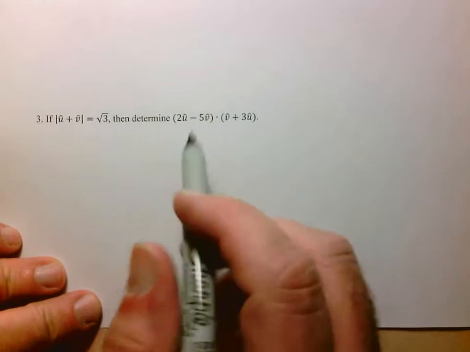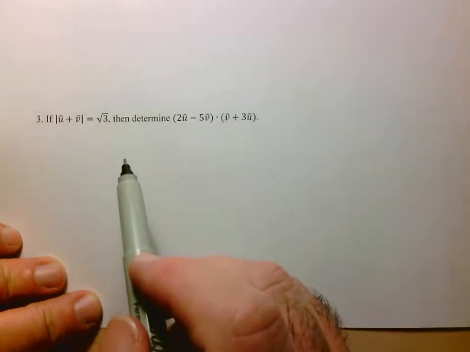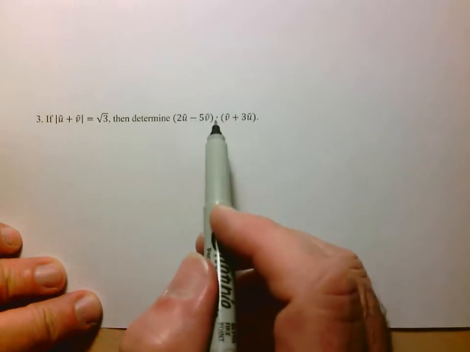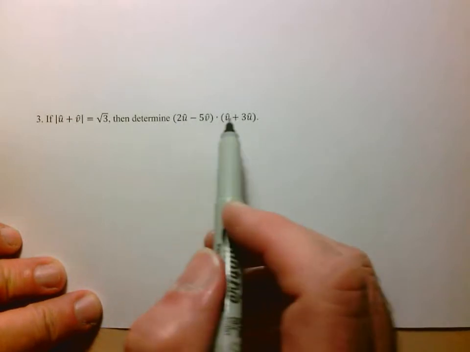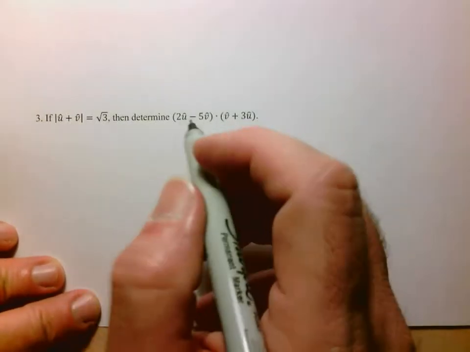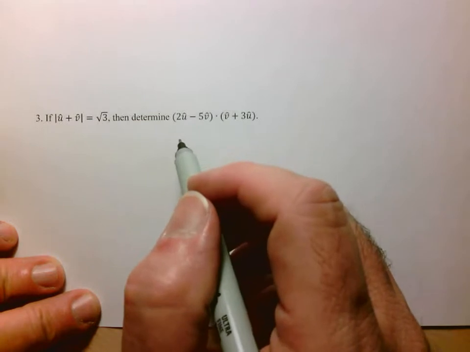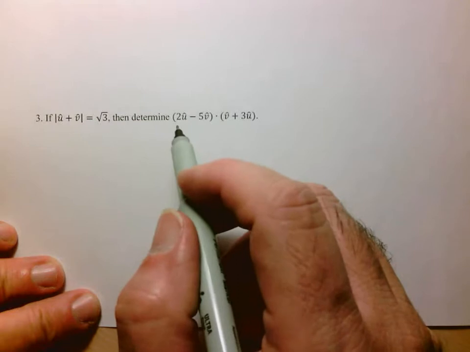Okay, so it's not much. This information can't directly help me with the dot product of these two vectors, so the best thing to do is to expand that out and see what it gives me. Again, we saw that we can take the dot product in a similar way in which we can work with numbers and variables, so we can just distribute this in the same way.